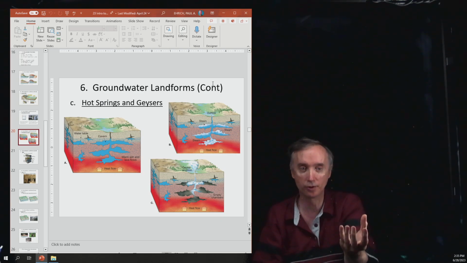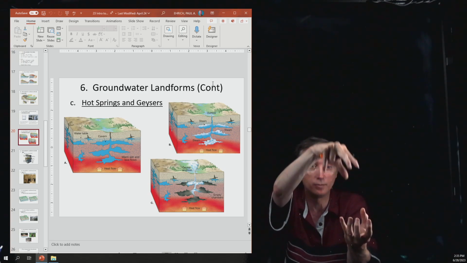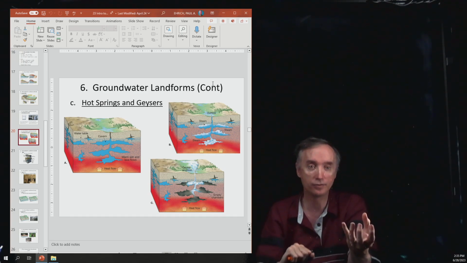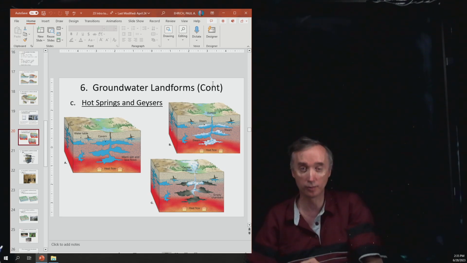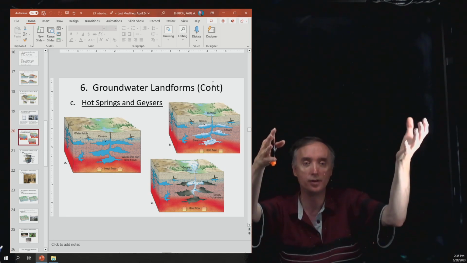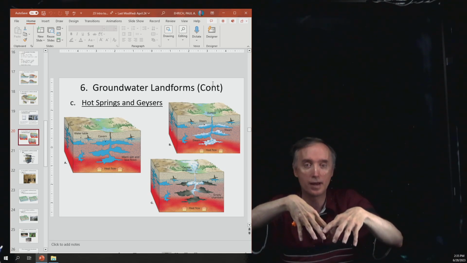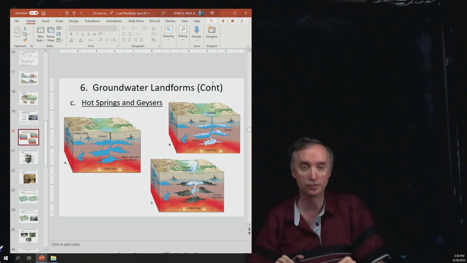And when it superheats, it gets so hot it starts to boil, and then when it boils, it forces all this water above it out of the ground, and then that water comes shooting up out of the ground in the form of a geyser. And then after it erupts, the water drains back into the caverns, and then the process begins all over again.